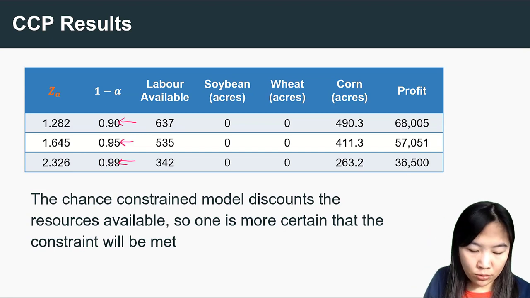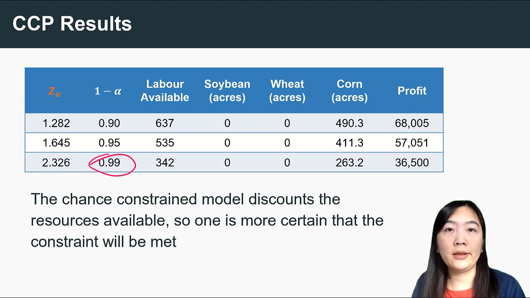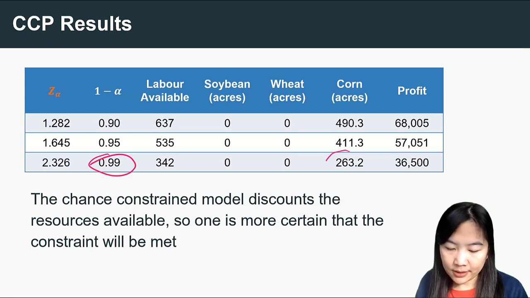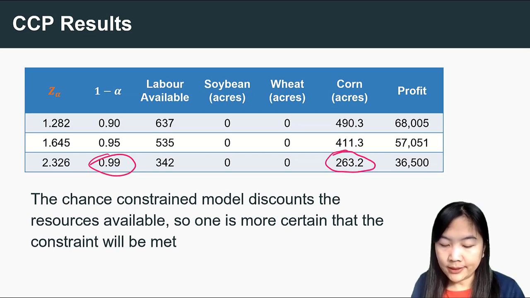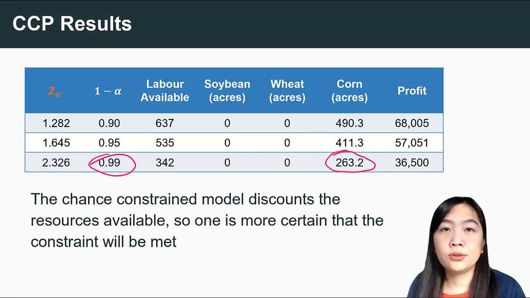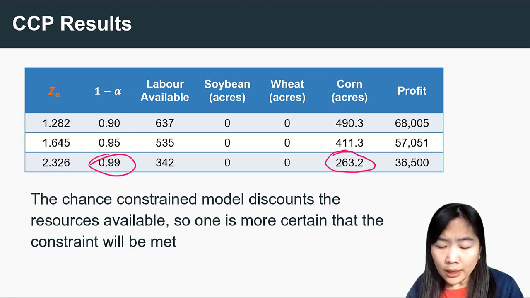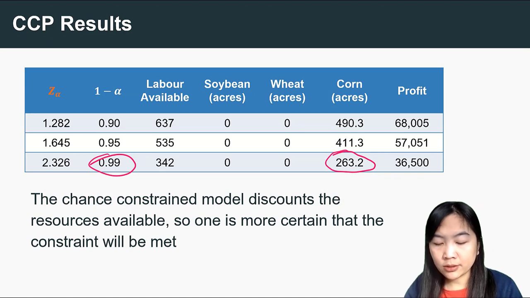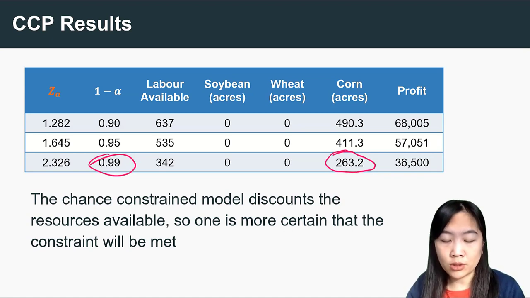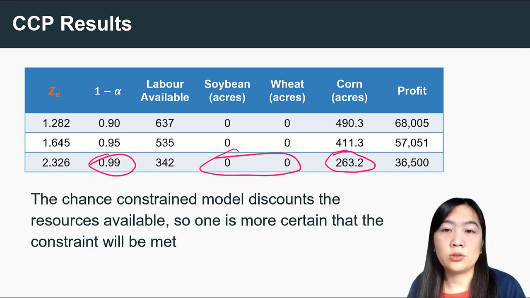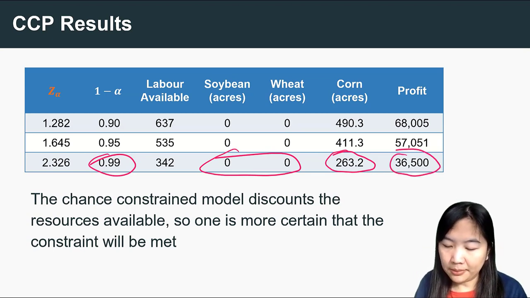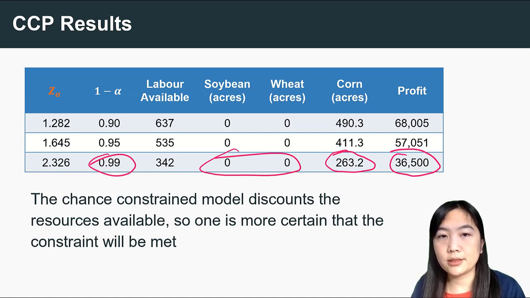So if you want to be 99% sure that the labor constraint can be met, then this is the corn that you want to allocate. This is the land that you want to allocate to grow corn, and you don't want to allocate any land to soybean or wheat. And the profit you can get is this much.